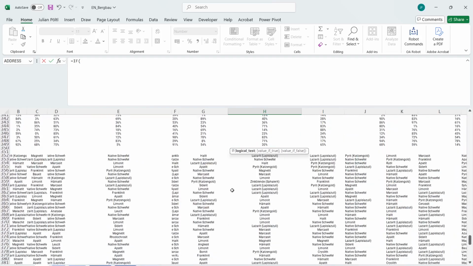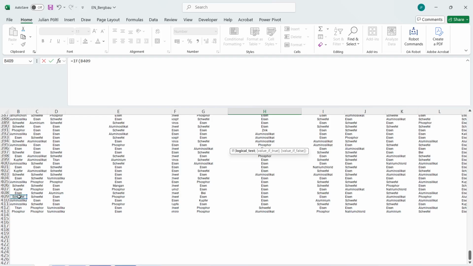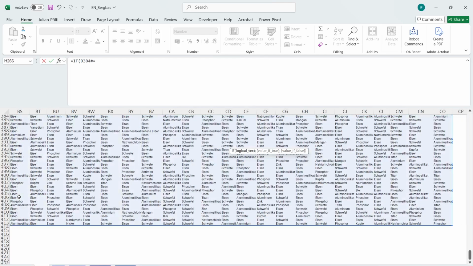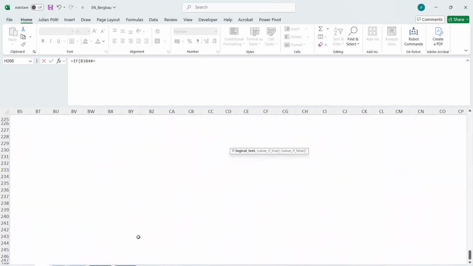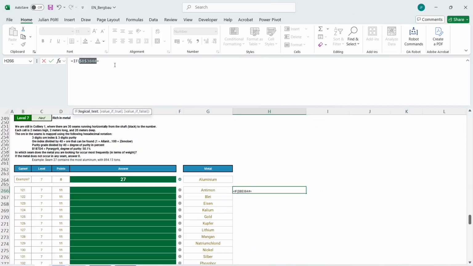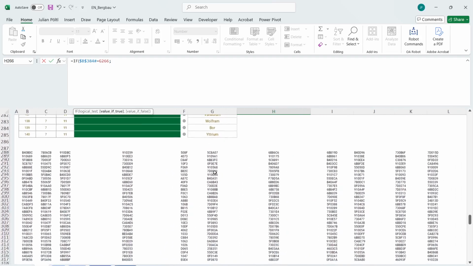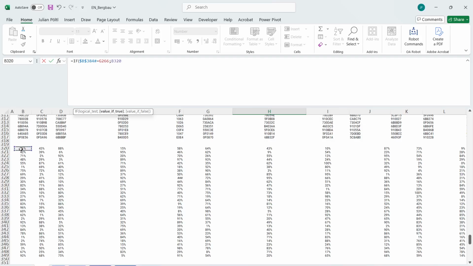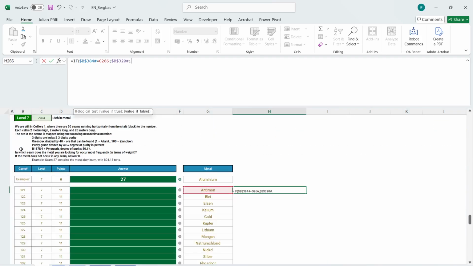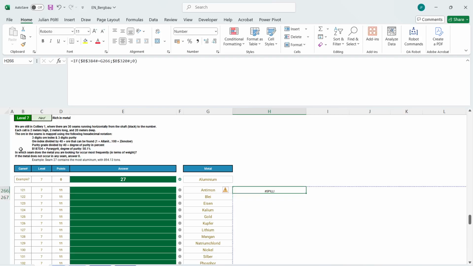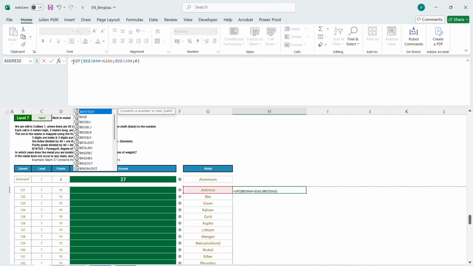So if this here equals, I should fix this, if this is antimony, then I want to have the percentage, otherwise I want to have 0. This will spill. Then we use by row and sum this.